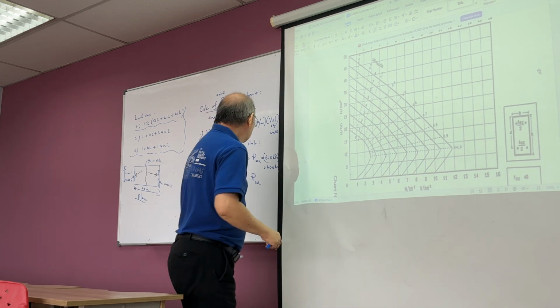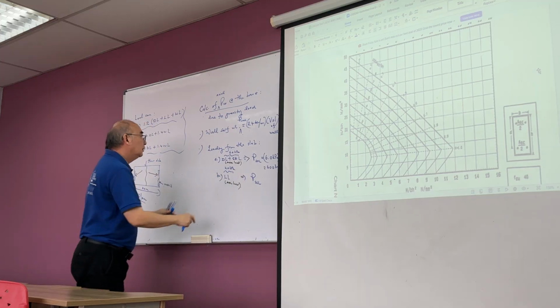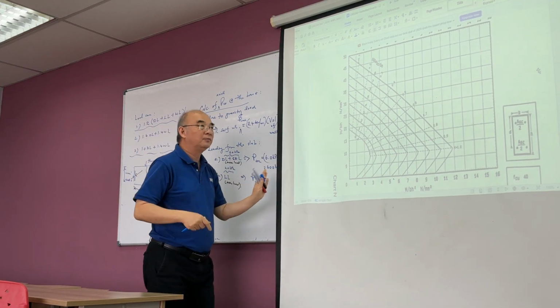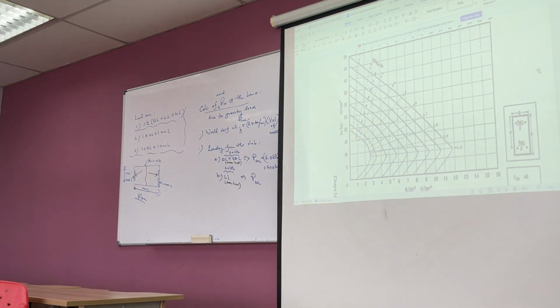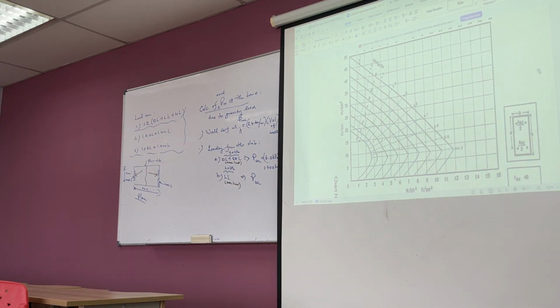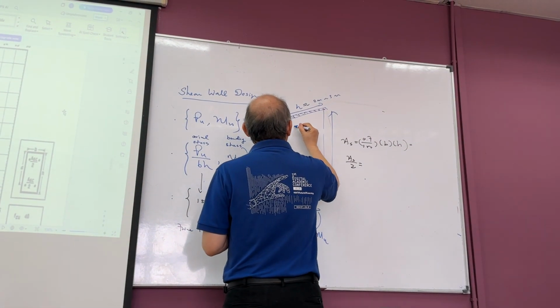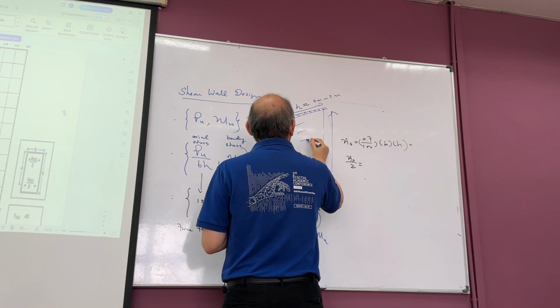Now, this one is loading from the slab. This 600 kilonewton is at each floor. So here, let's say this is the wall and these are the levels.